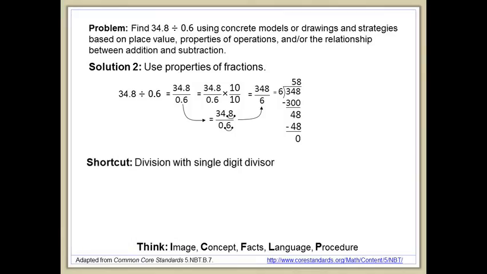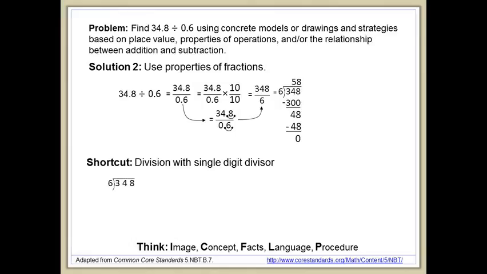So while we're here, I'd like to show you a shortcut for dividing with a single-digit divisor. This is so helpful as students get more advanced, to be able to do a lot of quick single-digit division, that it's important to introduce them to it and see what's going on.